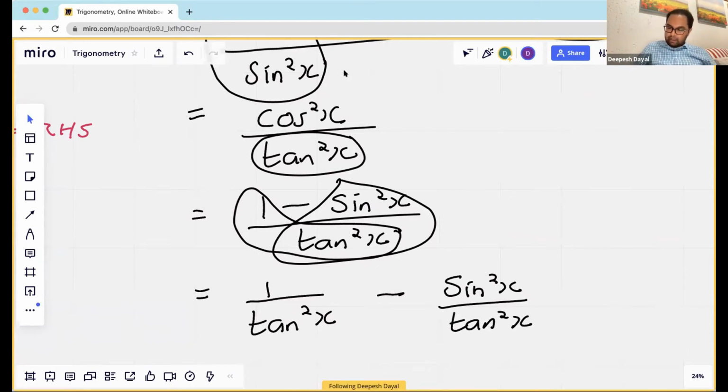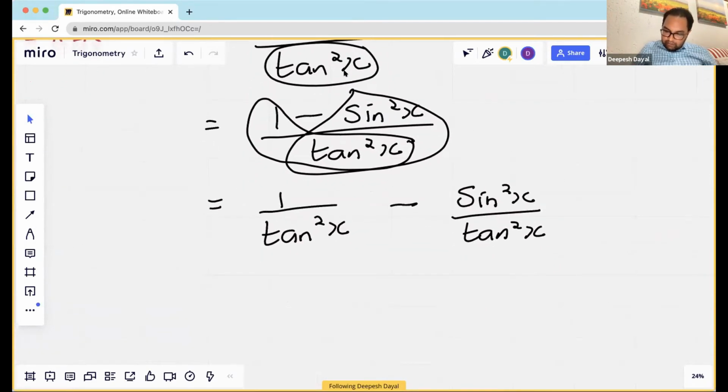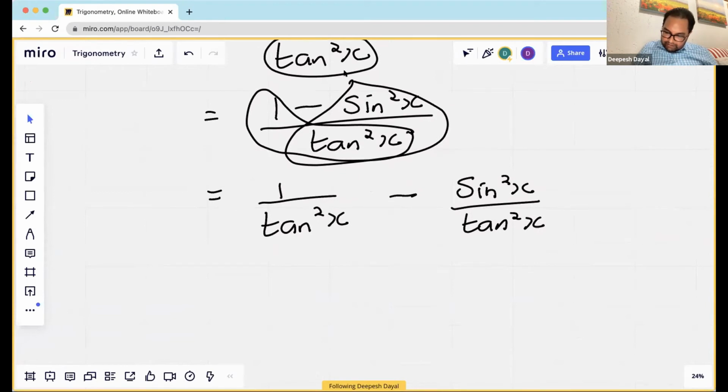Okay. We're then going to say, and I'll minimize this just now so that you can see the whole solution, 1 over tan squared x minus sine squared x.